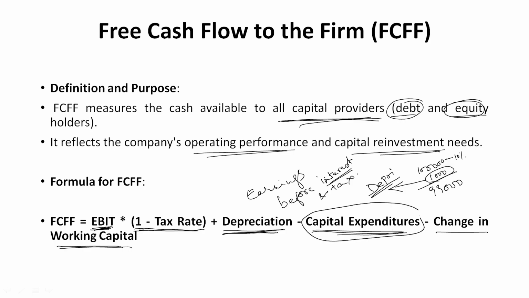Though I have shown this as a spending, it doesn't actually mean that it is going out of the company. It is reflected either in the form of a fixed asset or a current asset, and that's the reason why we are adding it back.